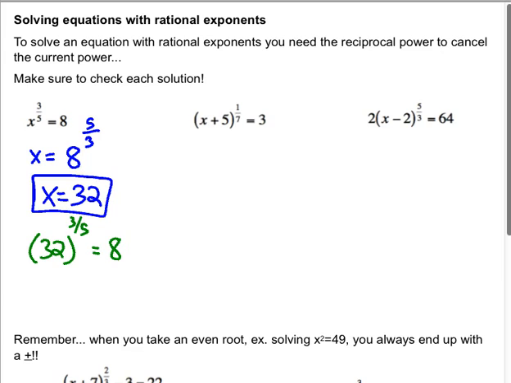And if you notice, that does check out. So that is my solution: x does in fact equal 32.